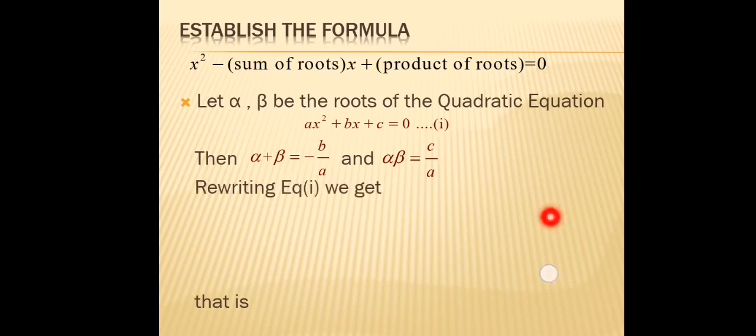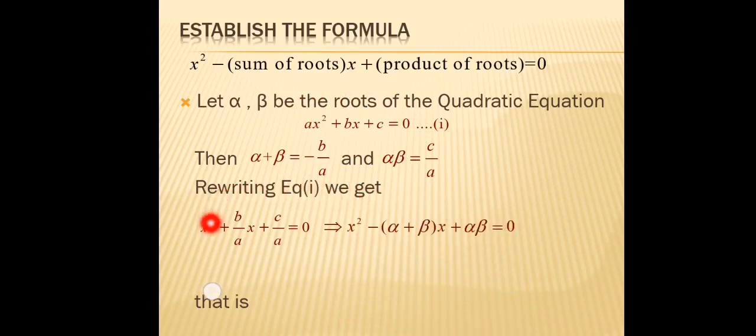We can rewrite the given equation in the simplified form as x square plus b by a into x plus c by a is equal to 0. We have divided a by each and every element of the standard form of a quadratic equation.